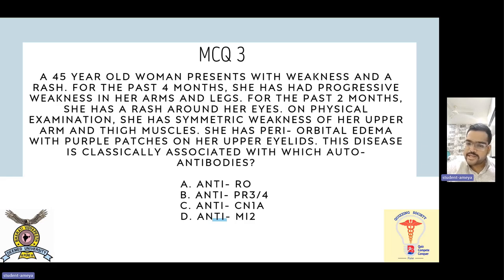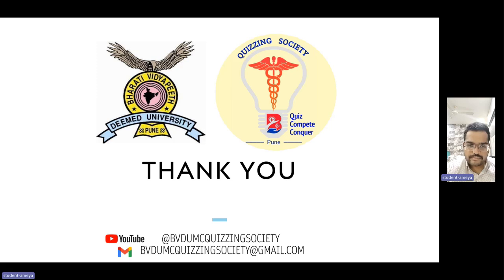This is showing again heliotrope rash. So if you remember, in dermatomyositis, there were 3 antibodies which were involved: anti-Mi-2, anti-P155 or P140, right? So the answer to this question is anti-Mi-2, option D.